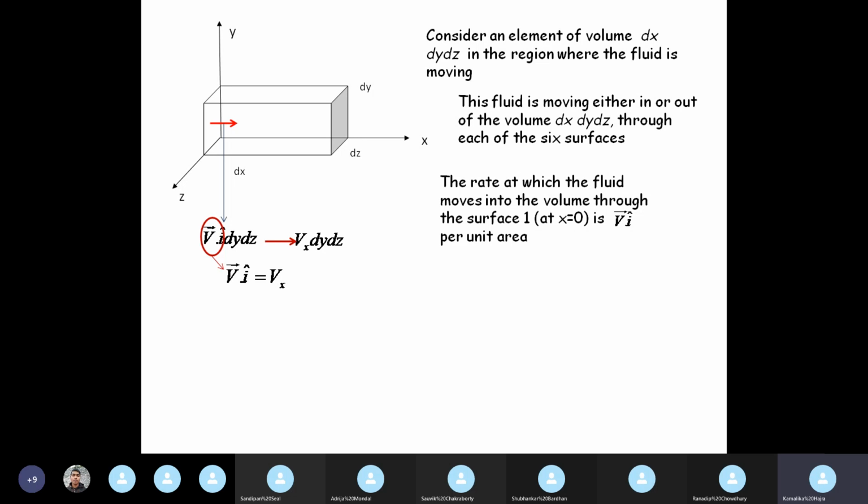Now, when the fluid reaches the second surface, it has been joined by fluid coming in from the other surfaces: top, bottom, front, back. So either some fluid has left through the other surfaces or some fluid has been added.